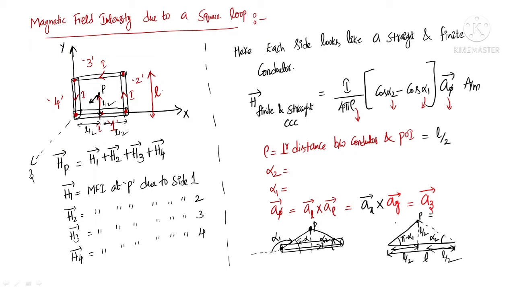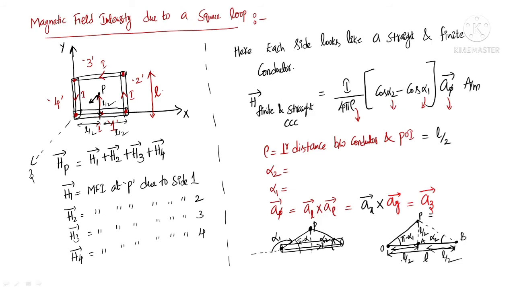Now consider this triangle as O, P, consider this point as A and this point as B. From the triangle POA, what is cos pi minus alpha 1? I will do it only for two sides. From the triangle POA, cos pi minus alpha 1.